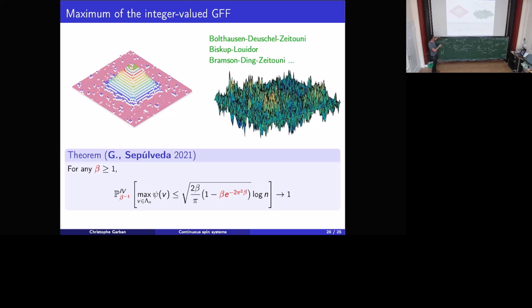So a first point I want to make is that playing with the Coulomb gas, since next week there will be talks by Ofer Zeitouni, Oren Louidor, Marek Biskup, probably about maximum of Gaussian fields, you may ask yourself, if you constrain your field to be Z-valued, what's going on for the maximum of those new fluctuating fields?